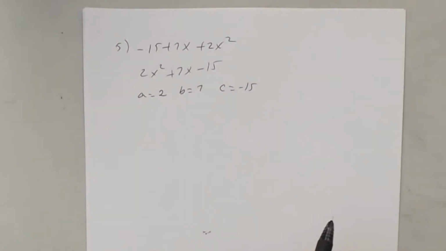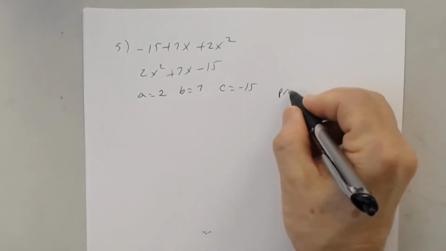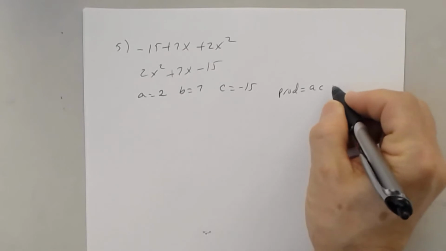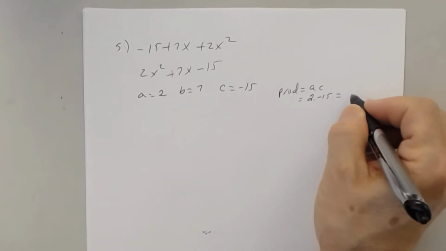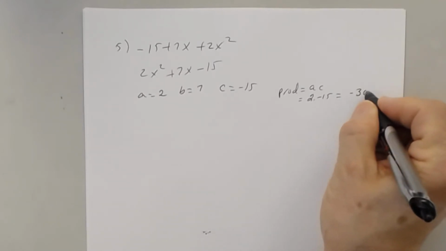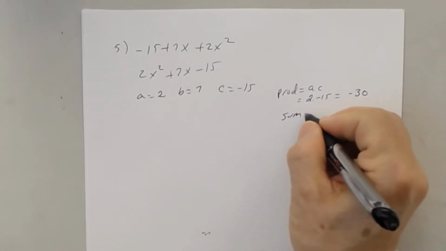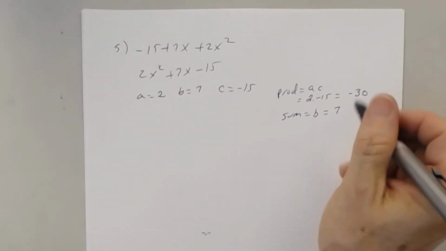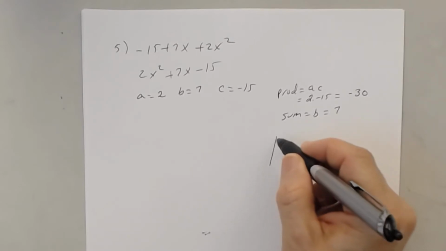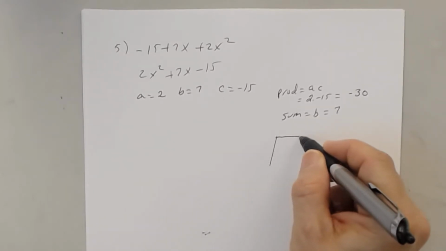All right, so I want to find two numbers whose product is AC, meaning 2 times negative 15. So I want that product to be negative 30. And I want the sum to be B, which is what? 7. So if you want to go directly to that table, you can.